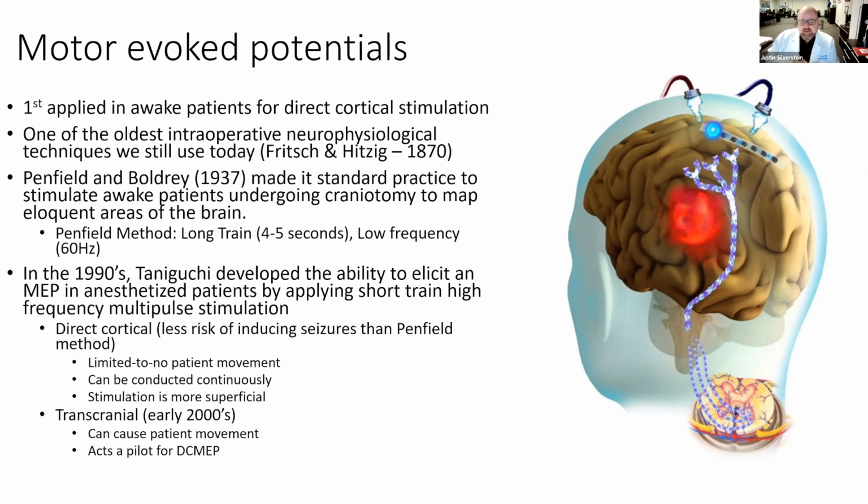And in brain surgery, we use transcranial motors as redundant to and complementary to direct cortical motors when we can do direct cortical motors, or we use it as a pilot to see, are we going to get any type of motor potential from a patient that's under anesthesia that may have a pre-existing weakness.